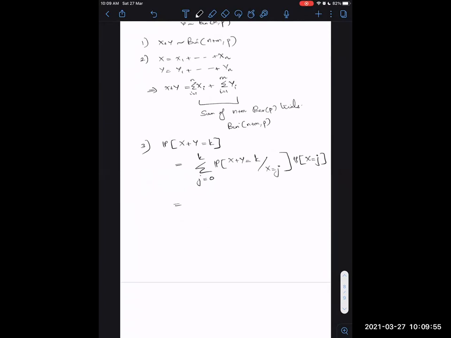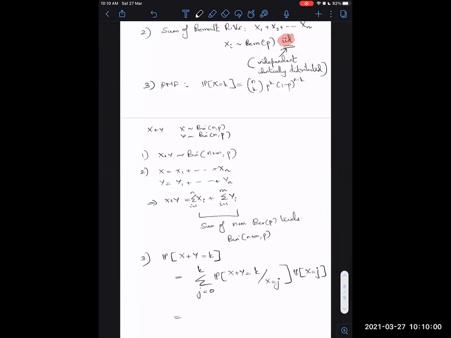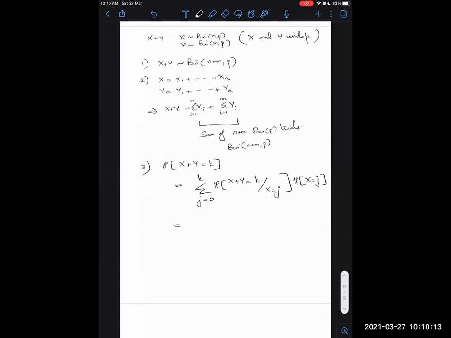Now what we can do is, we know that X and Y are independent random variables. Should have mentioned it before. Now, when you fix the value of x at j, what is the value of y? So what can I write the first expression as?